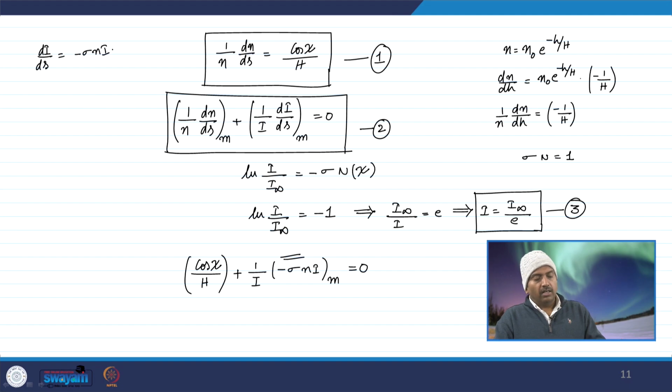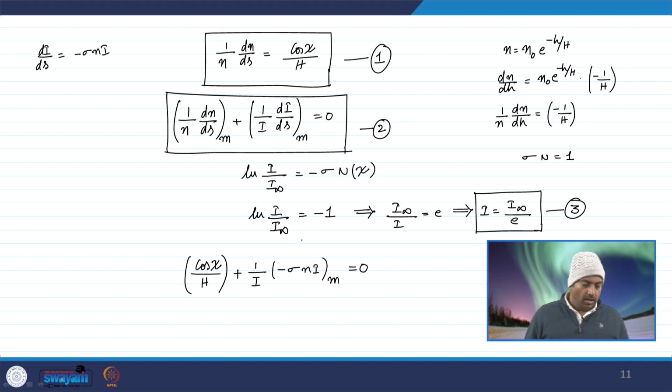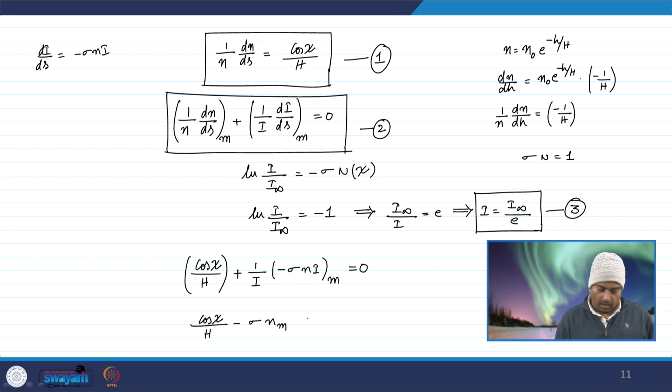Removing the proportionality, we introduced sigma, and since the intensity is decreasing in its magnitude as a function of s, we put a minus. That is what we have directly substituted into this expression, right. Now, we can rewrite this expression in simple terms, which is cos chi divided by capital H minus sigma n m is equal to 0, I getting cancelled, that is it, okay.